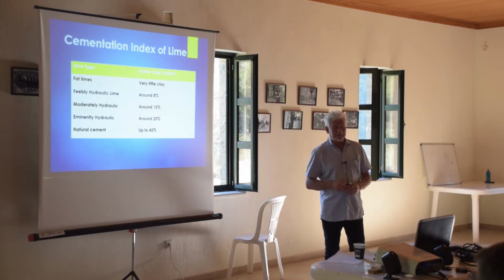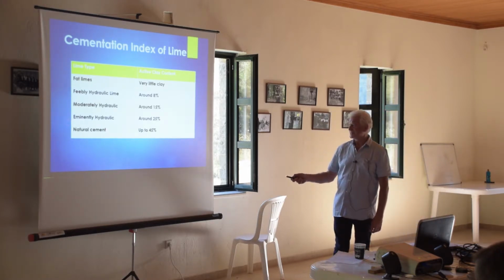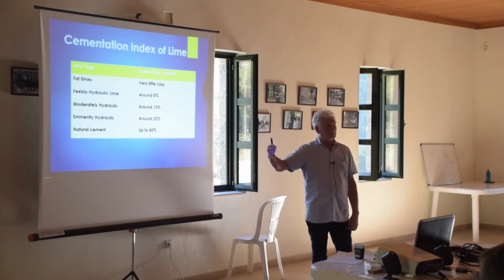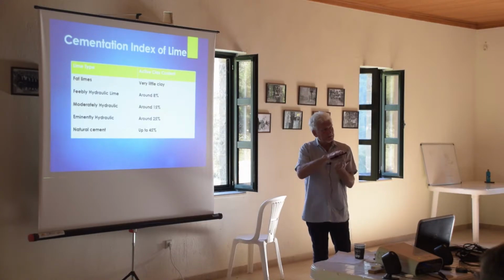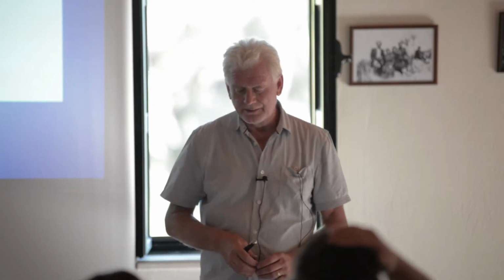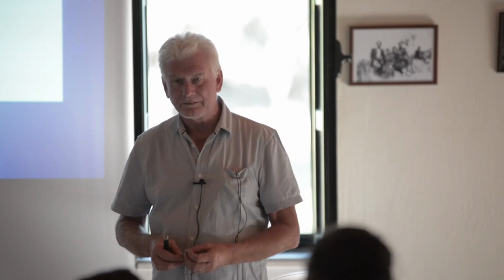We used NHL 5, which is this eminently hydraulic lime, on the exterior wall of a building. Not as a mortar between bricks, but on the face of the building. And it hardened very quickly. It was clear that the set rate was too rapid, so we decided to take it off.